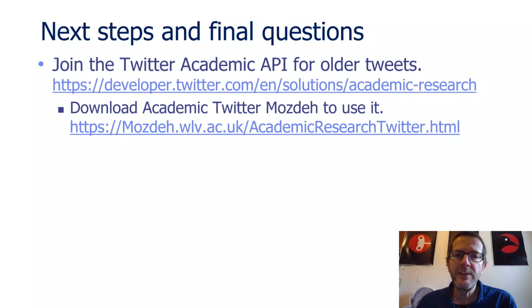And there's a different version of Mojday for the academic Twitter, which looks almost identical to the version that you've been using today. The main difference is that you get the older tweets, and the other main difference is that the search syntax is more sophisticated, so you can submit more detailed queries in the Twitter academic Mojday.